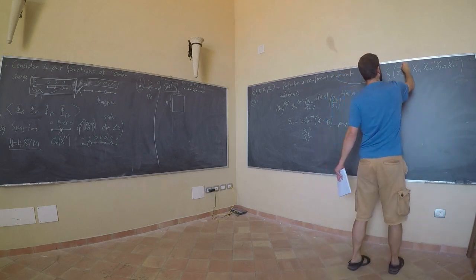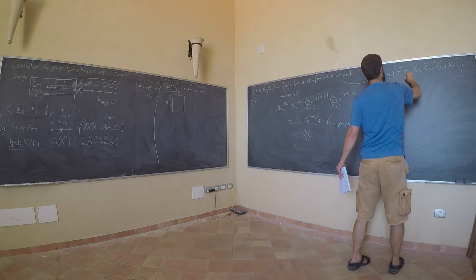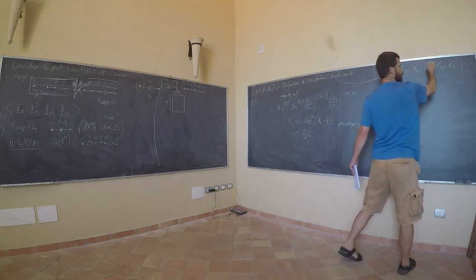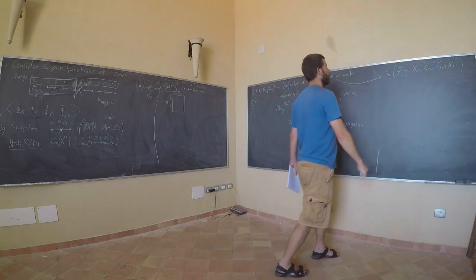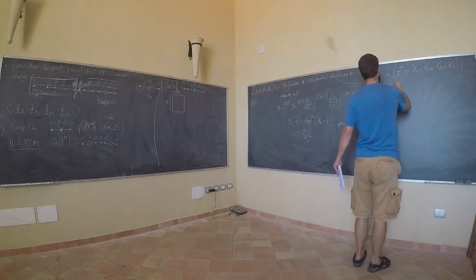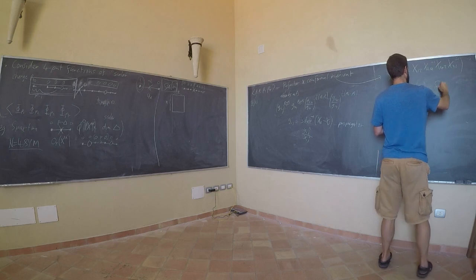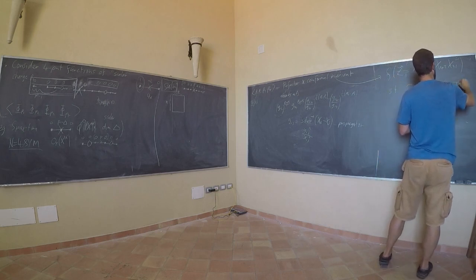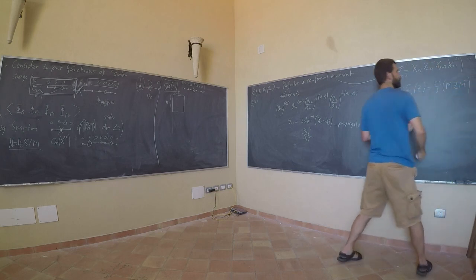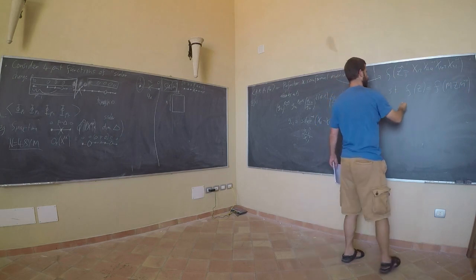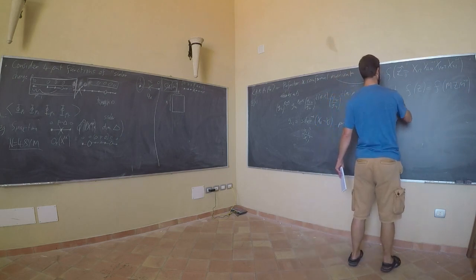So this has indices A and B, if I have a couple of indices together, such that f of z is equal to f of n z inverse. Okay, in other words, it only depends on the eigenvalues.